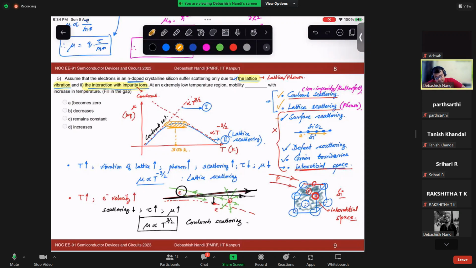At low temperature, the lattice vibration is not that much, so the effect of lattice scattering is very little. So at low temperature, the dominant phenomenon is impurity ionized scattering. At extremely low temperature, mobility increases with increase in temperature. Did you get it?